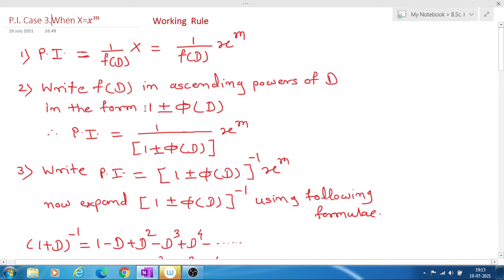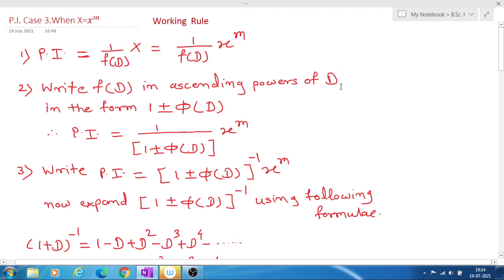Now this f(D) must be written in ascending powers of D, that is increasing powers of D. That means first will be the power of D as 0, D raised to 0, that is 1, or any constant. If there is any constant, then that constant into D raised to 0 will be the first term.